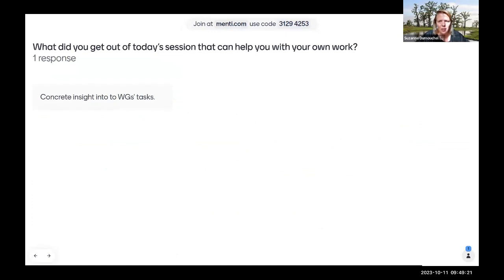It's a huge number, so we are very happy with that. And it shows that there is a strong interest to better understand the situation in the different countries and how these types of plans are built, who is involved in the building and making of this type of plan and roadmap at the national level.